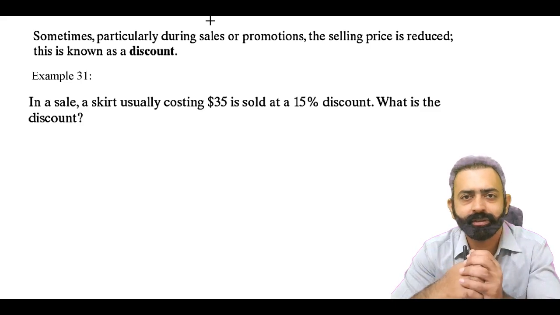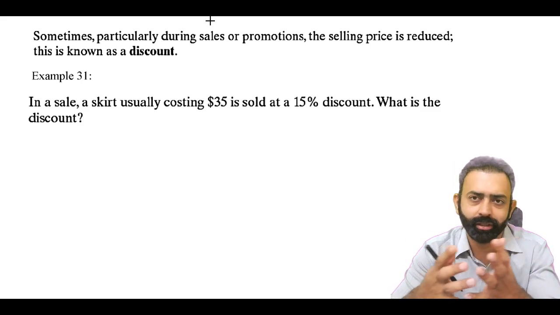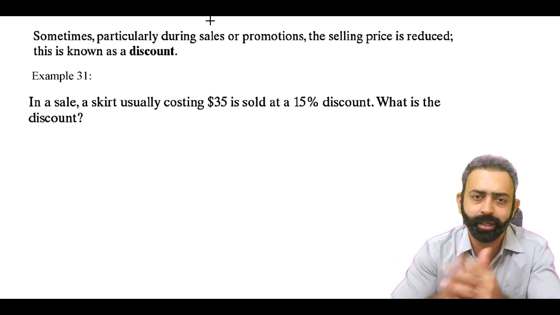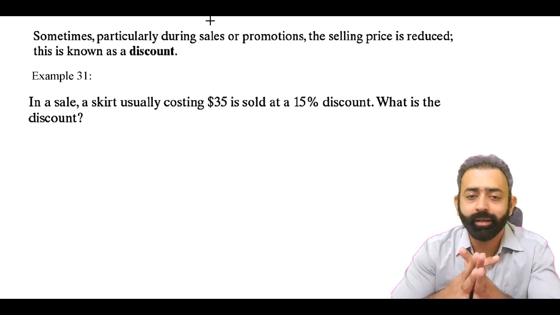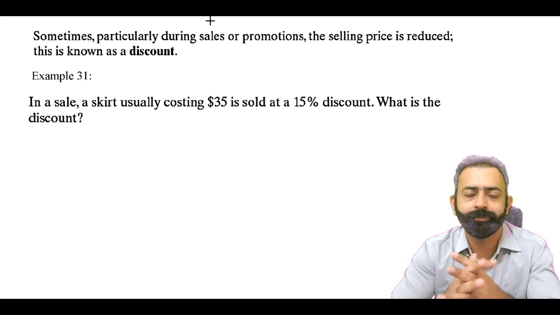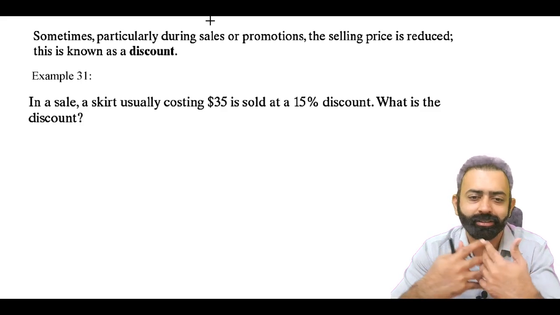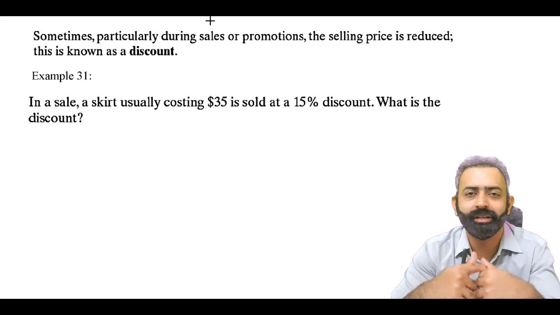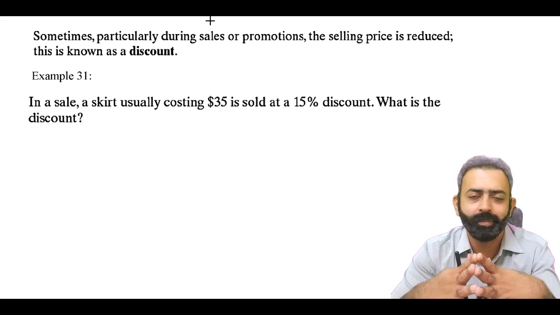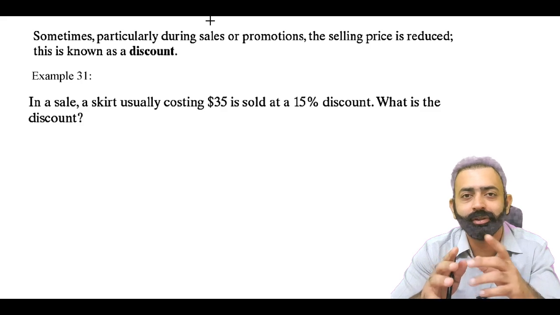One is the cost price, the cost at which a certain item is bought. Second is the selling price, which is the actual selling price, and between these two there is a marked price. During sales, brands give you some discount, and that discount is offered on the marked price.